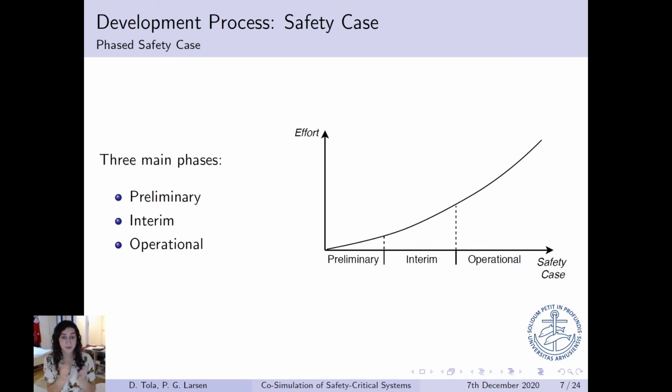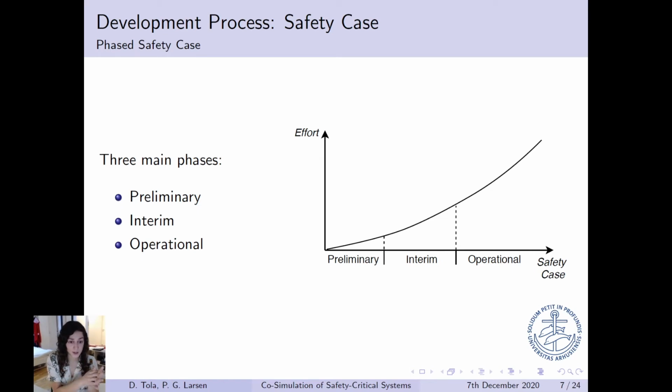So how I see it with the co-simulation, something to note is that we only focus on the preliminary safety case in this paper. But how I see it is that in the preliminary you kind of have a model with a high abstraction level and low fidelity, so it only focuses on the main aspects that you are trying to prove safe in the system.